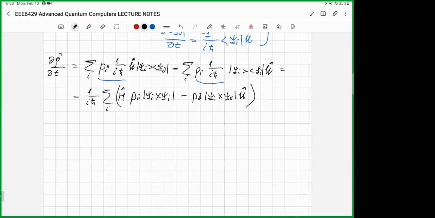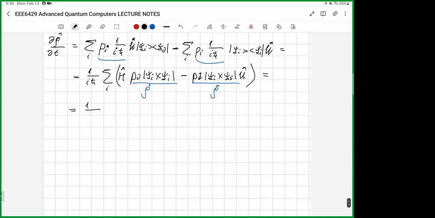So now I see that this guy here, the sum over pi and this outer product, is nothing but the density operator here and here. So it is equal to 1 over i h bar, and then this Hamiltonian times rho minus rho times Hamiltonian.